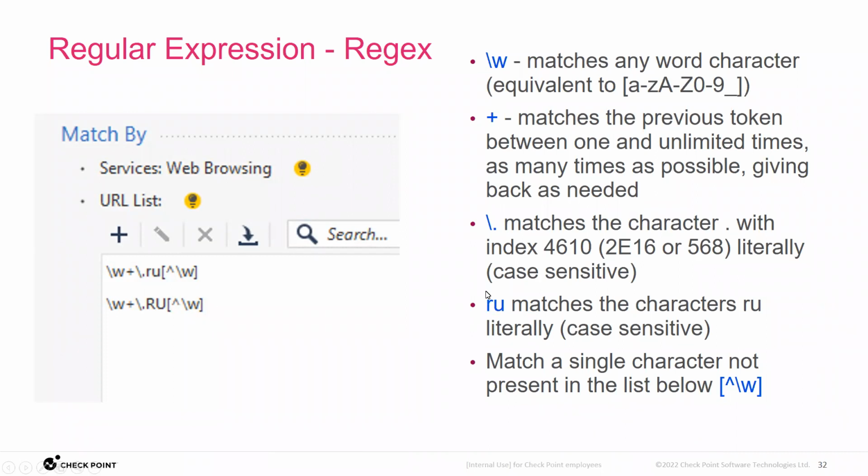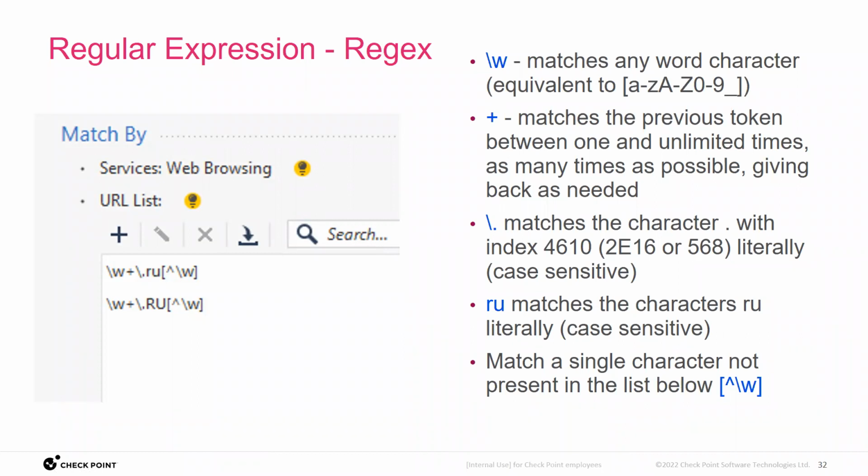So the RU is matching what I am looking for within the string. In this case, for Russia, that is their country code. And the bracket \W is matching a single character not present. So this is basically no characters. That's what it literally means. No characters after it.